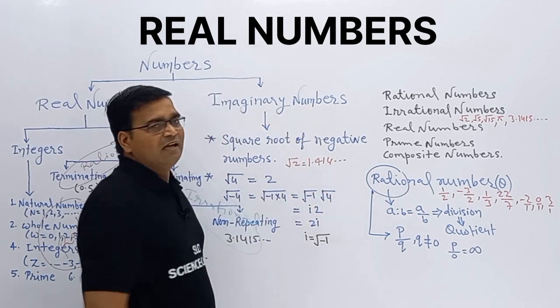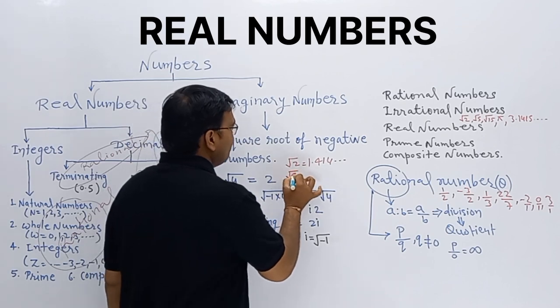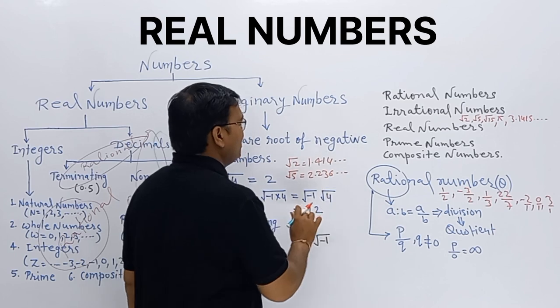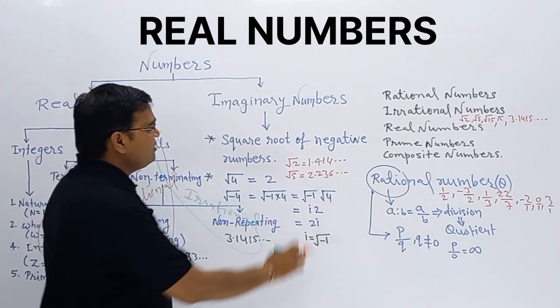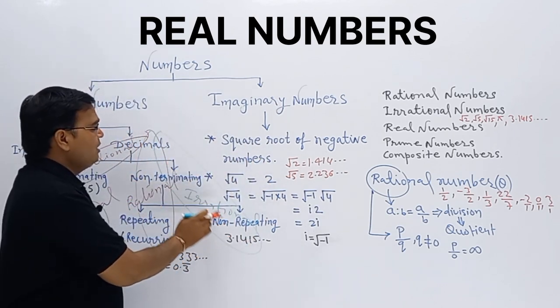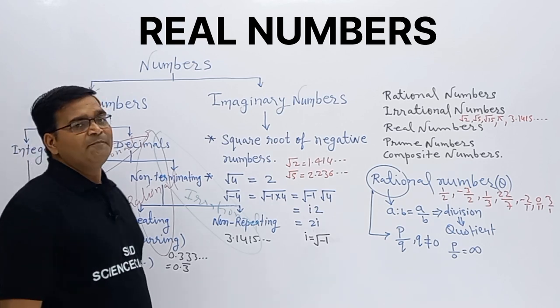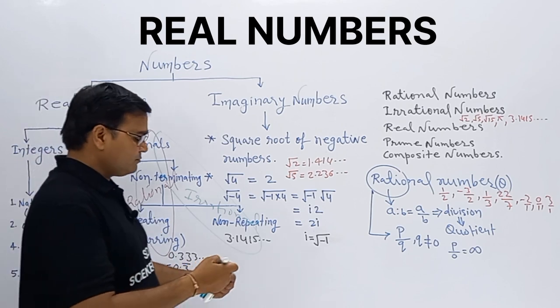So √2 is irrational. Similarly, √5: once we solve this root we get 2.236 and so on. After the point we get different values up to infinity, so this is a non-terminating, non-repeating decimal expansion, and it is an irrational number.